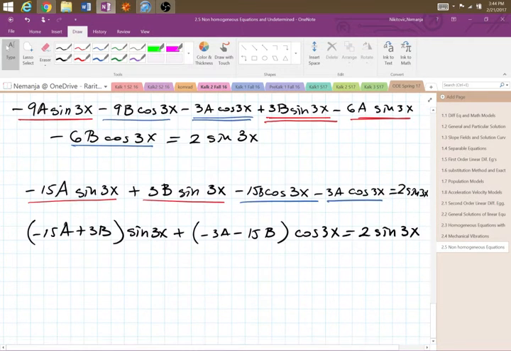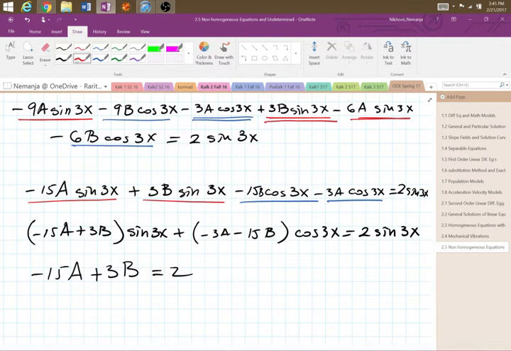Clearly on the right hand side you don't have cosine, so those coefficients have to equal 0. I have negative 15a plus 3b is equal to 2, because the coefficient of sine on the left side and the coefficient of sine on the right side have to be matched.